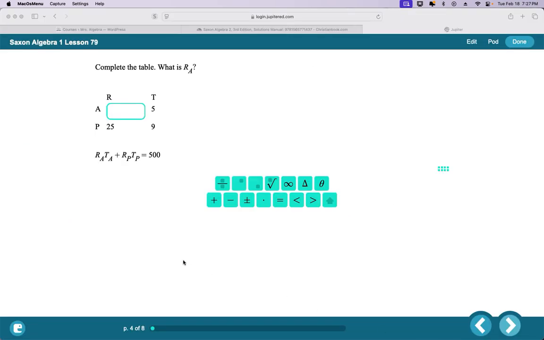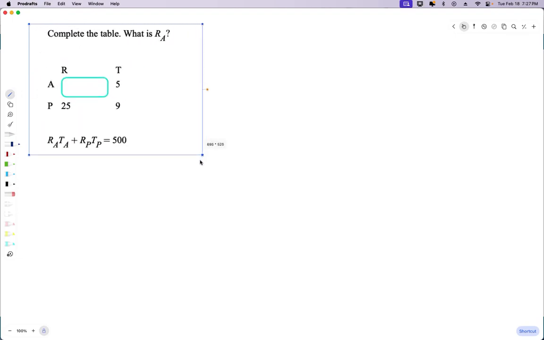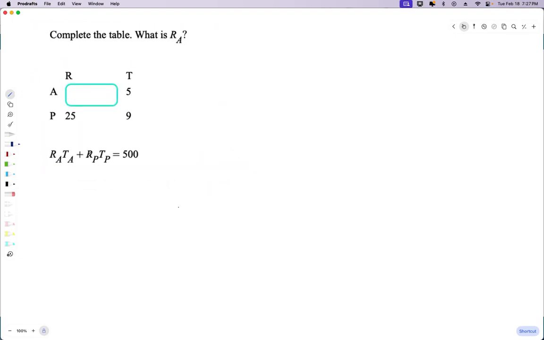All right, so we're going to complete the table. What is RA? So we have been given all the information in a table. So I'm going to copy that over to our fancy little drawing program. Okay, so we have a very straightforward problem.